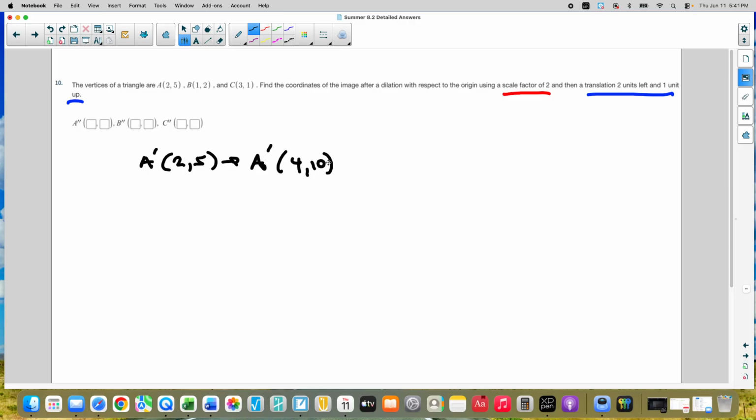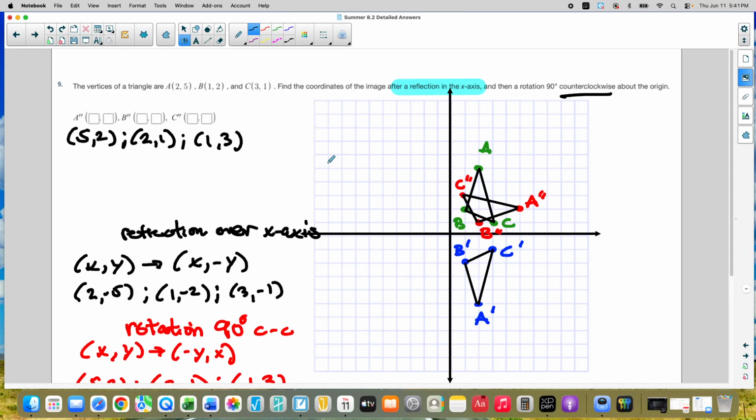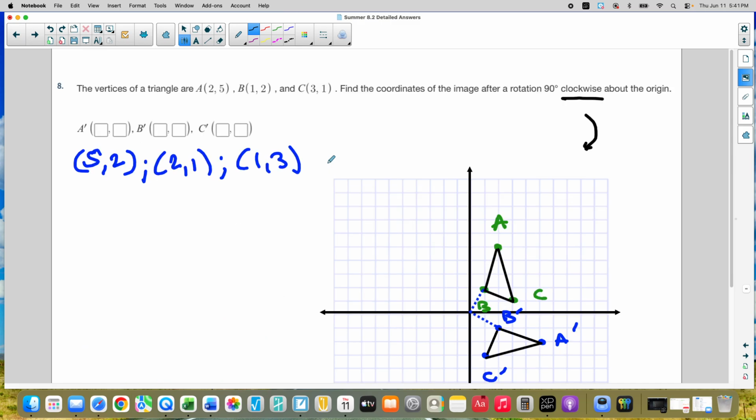I didn't even check to see if all those were correct. Let's look at 9. Where is 9? 9, 5, 2, 2, 1, 1, 3. Yup. 5, 8. 5, negative 2. Did I make a mistake? Oh, yes, I did. Sorry, it's rotation.